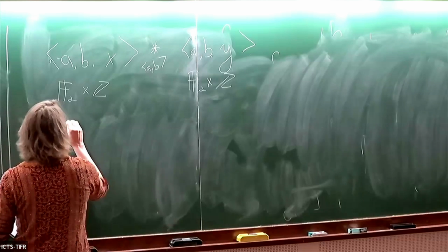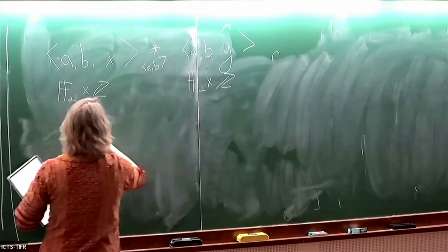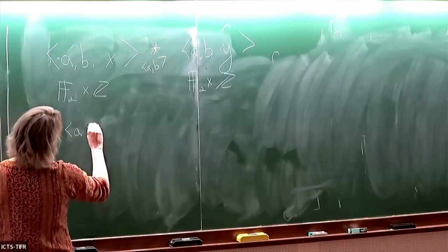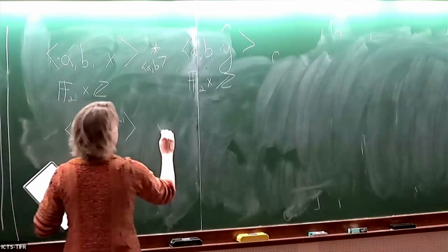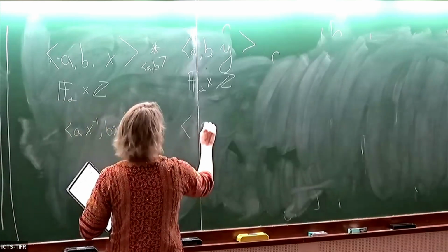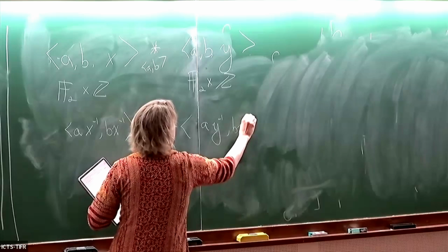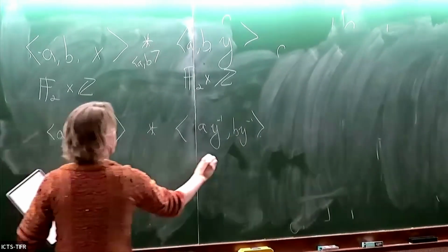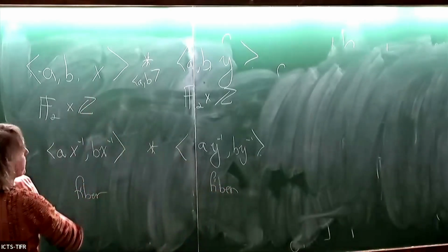It's really a fiber in here amalgamated with a fiber in here. So I have the fiber AX inverse, BX inverse, amalgamated along their intersection with AY inverse, BY inverse. I just want you to get that this is a fiber and a fiber.